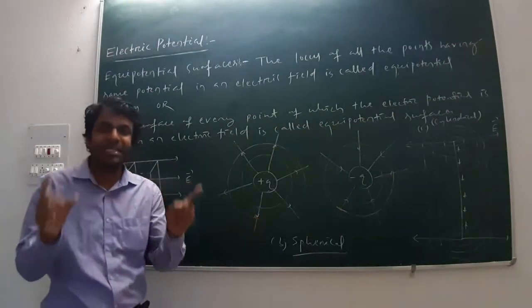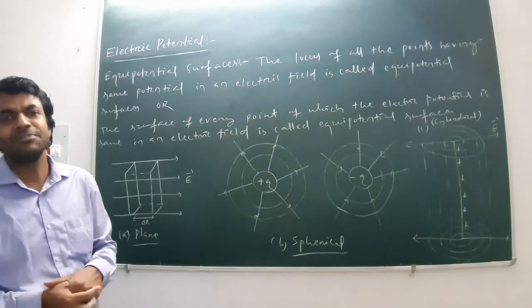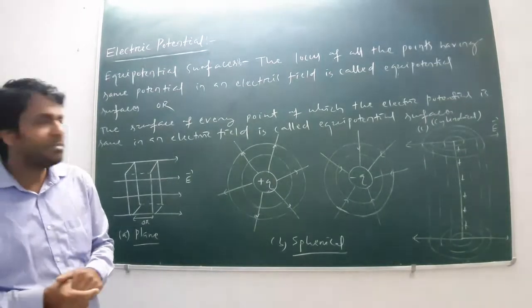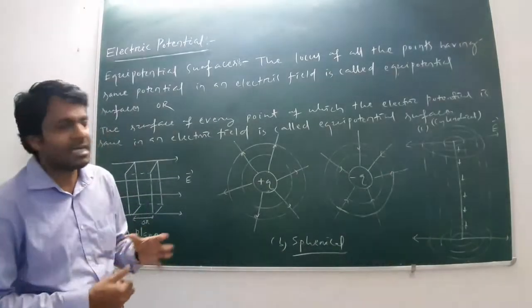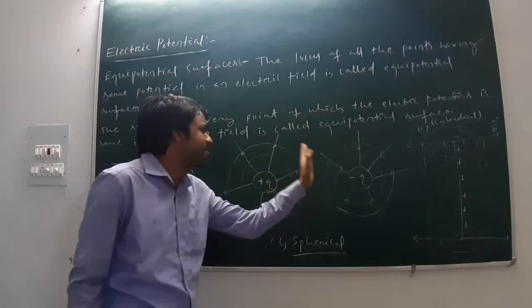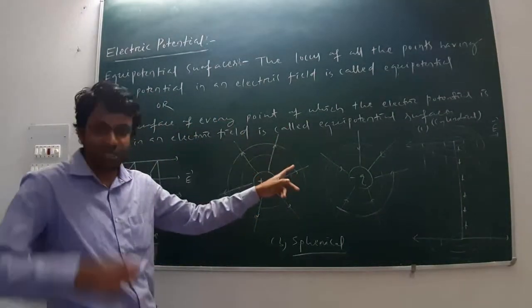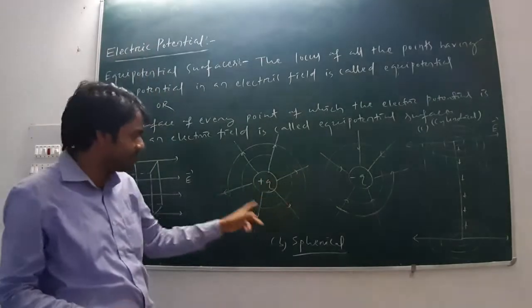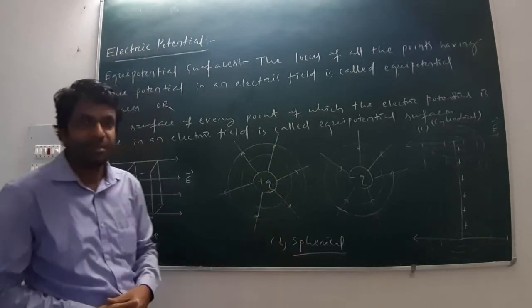Next is the spherical equipotential surface. The spherical equipotential surface is for a point charge, whether positive or negative. For a positive point charge plus Q, the electric field lines are directed outward, so the equipotential surface, the locus of the points, is spherical in shape.